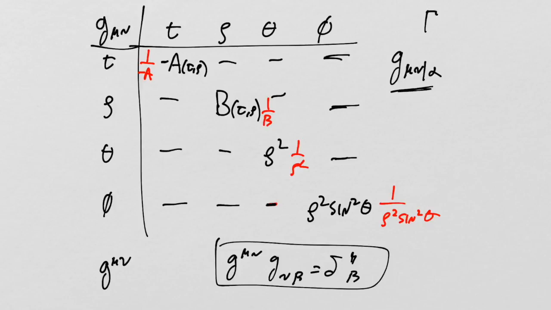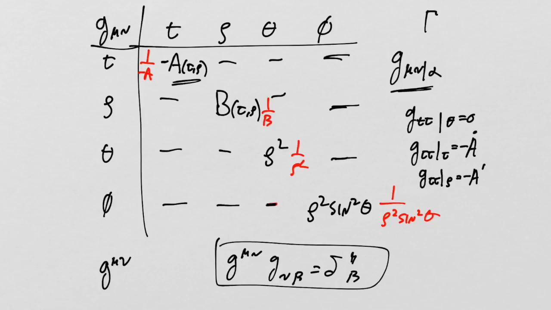And so, well, that's easy, right? I could just say g t with respect to theta, well, that equals 0, right? Because I know g t is not a function of theta. But I can say g tt as a function of t, well, that's going to be minus A dot, where dot would be a derivative with respect to time. I could say g tt derivative with respect to rho is minus A prime, where prime is the derivative with respect to rho.